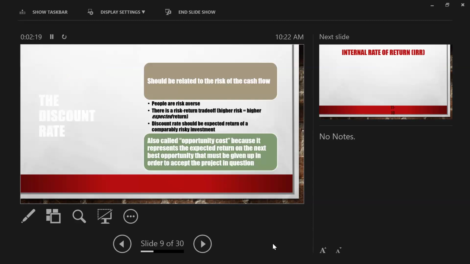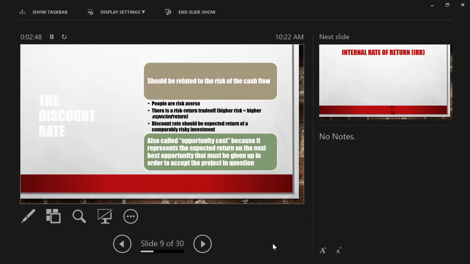So when we talk about the discount rate, and we've talked about the discount rate when we talked about bonds, annuities, retirement, we're going over the same assumptions. People tend to be risk averse. If there's higher risk, there has to be higher expected return.